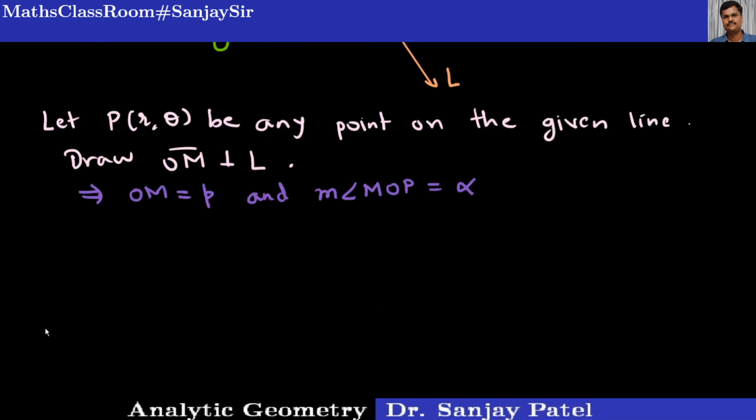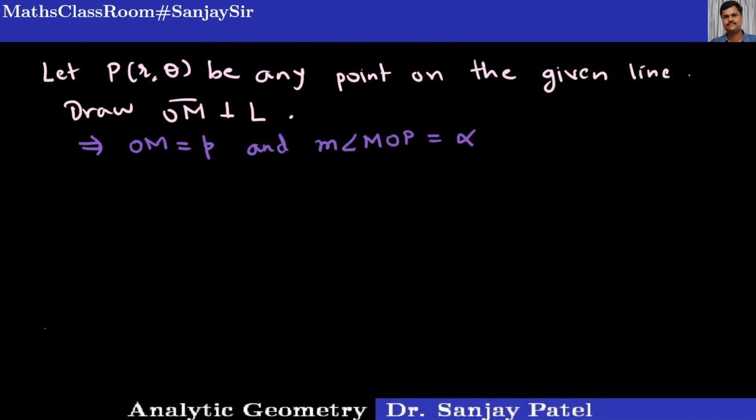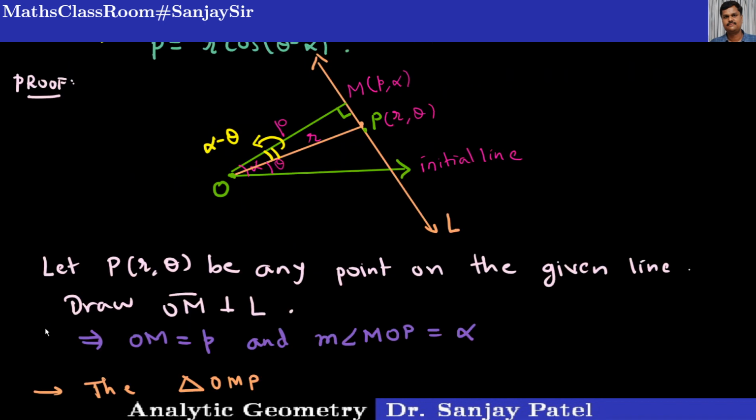Okay, and it is clear that the triangle OMP in that figure is a right angle triangle.